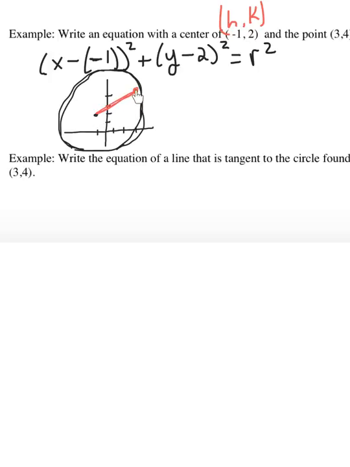So what I need to do is draw in a line that goes straight down. I'm going to use the color blue. It's going to come straight down from my point down to my y value right here, which is 2, and a line that goes straight across from my center to that blue line.